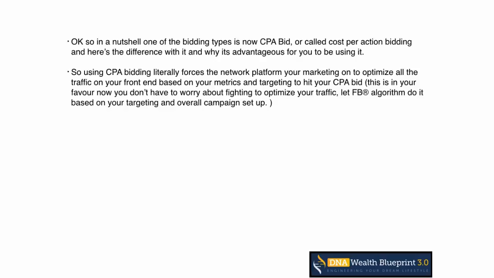You're literally telling Facebook, this is my CPA bid that you've got to hit. This is in your favor because you don't have to worry about fighting to optimize your traffic. You let Facebook's algorithm do that based on the targeting and the overall campaign setup that you have.